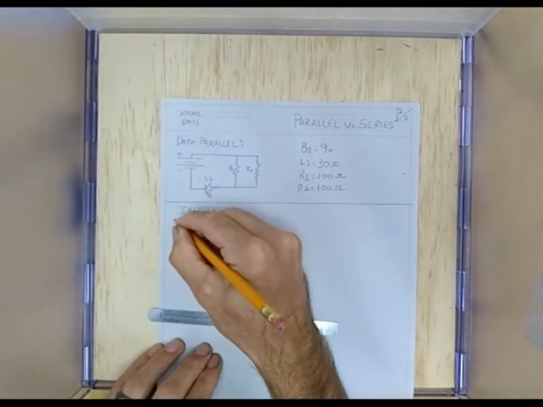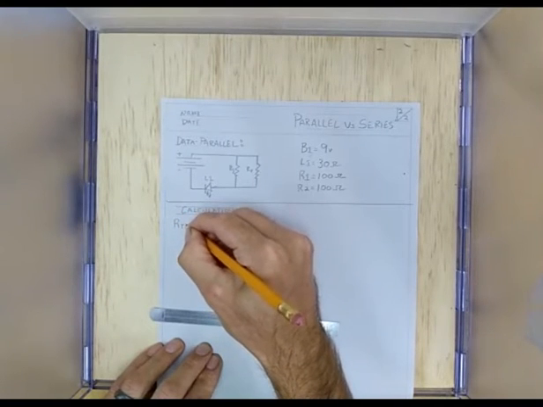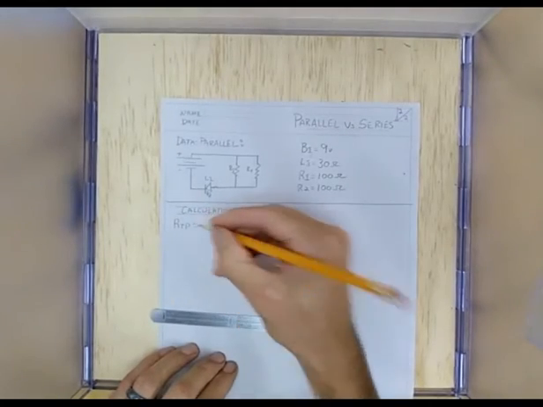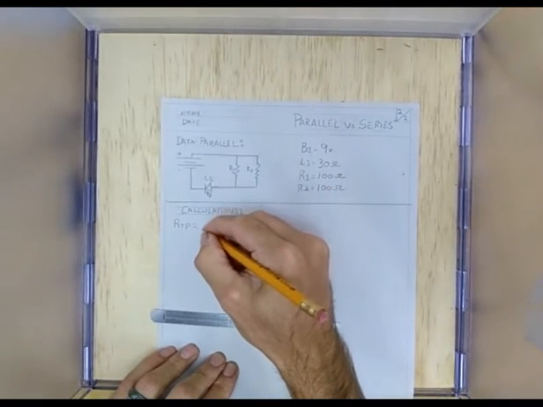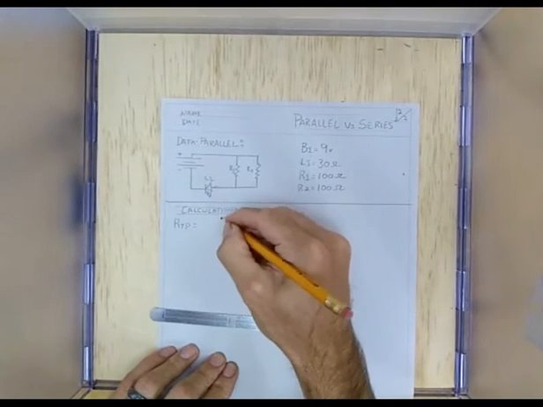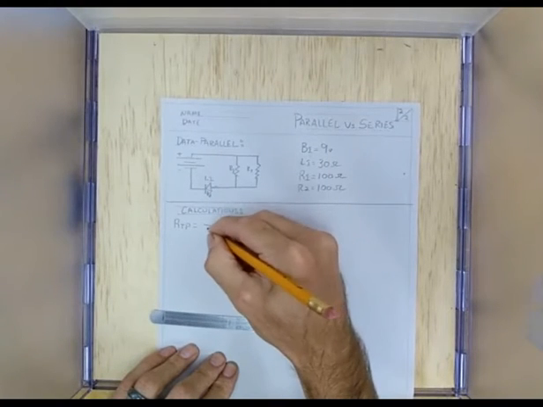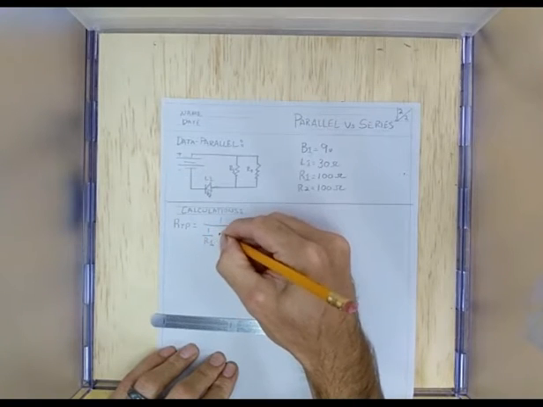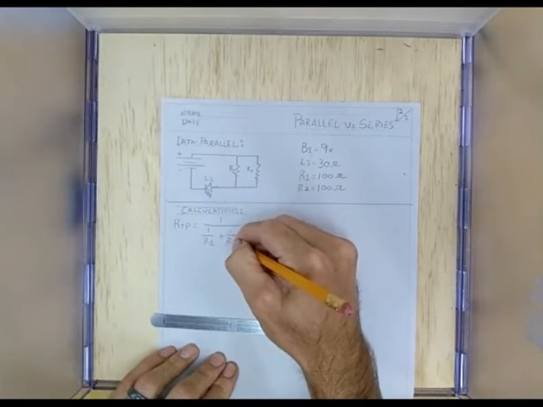So our total calculation, or our total RT, and I'm going to say RTP for parallel. So the two things that I have in parallel are these two resistors. So my calculation this time is 1 over 1 over R1 plus 1 over R2.